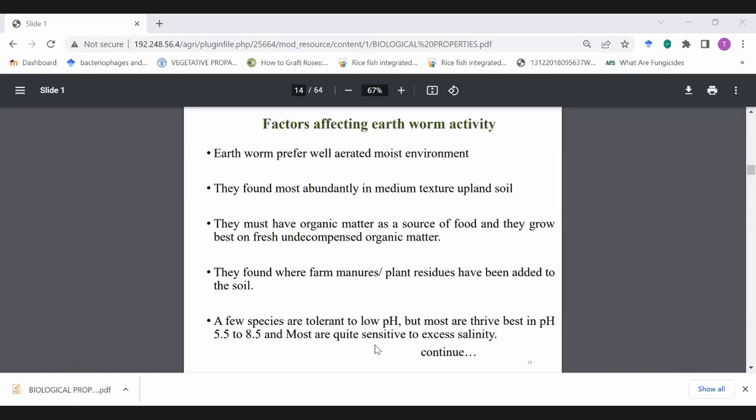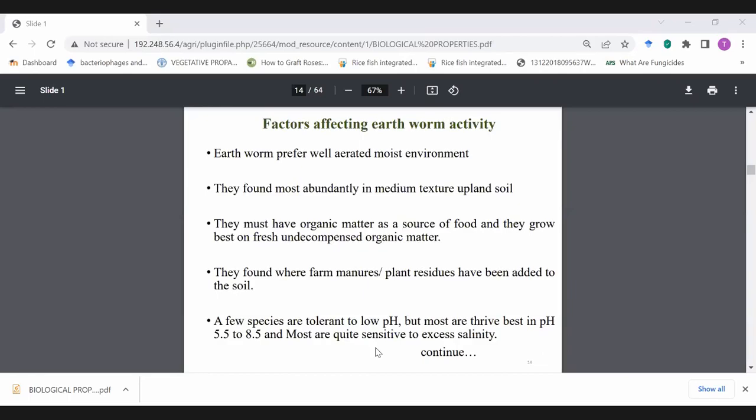They must have organic matter as a source of food, and they grow best on fresh, undecomposed organic matter. We can find them in farm manures, like compost, and where plant residues have been added to the soil.